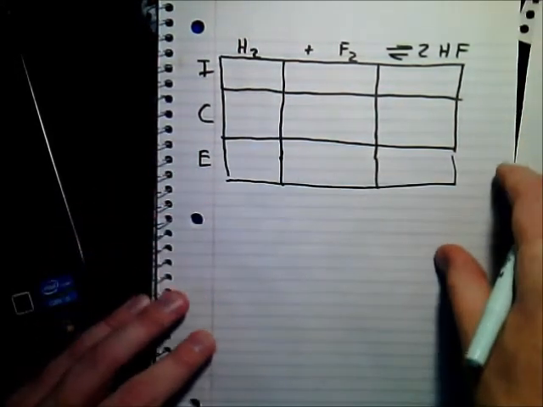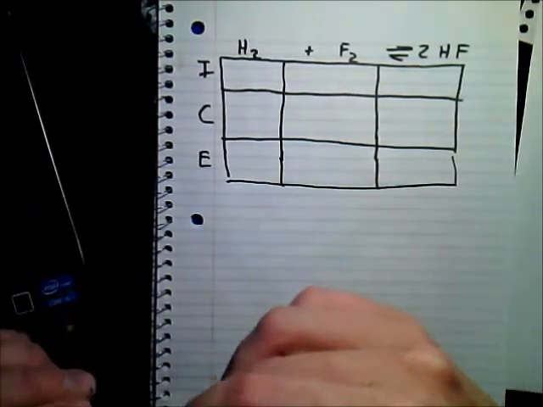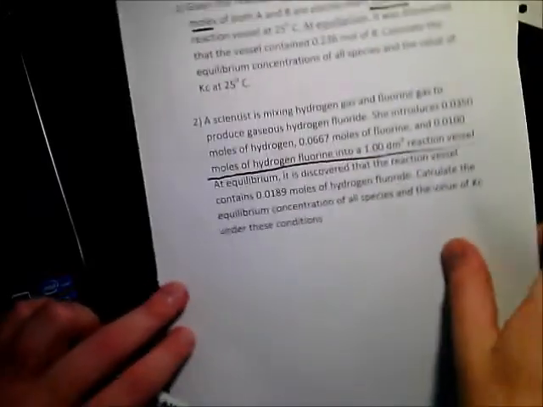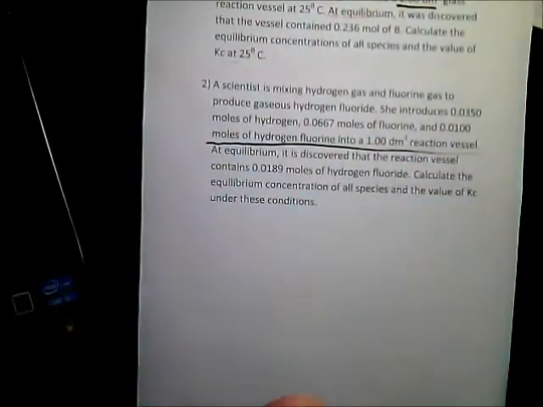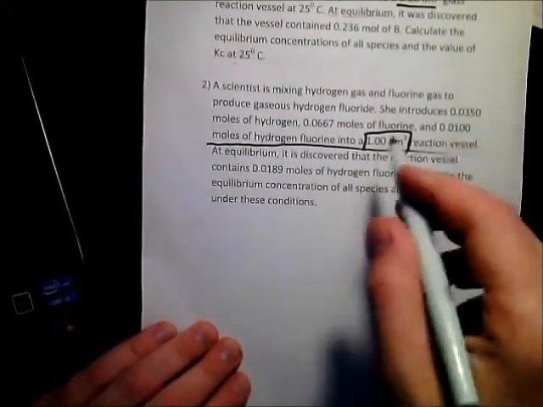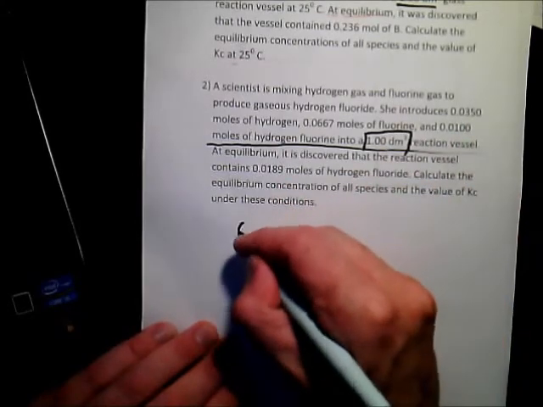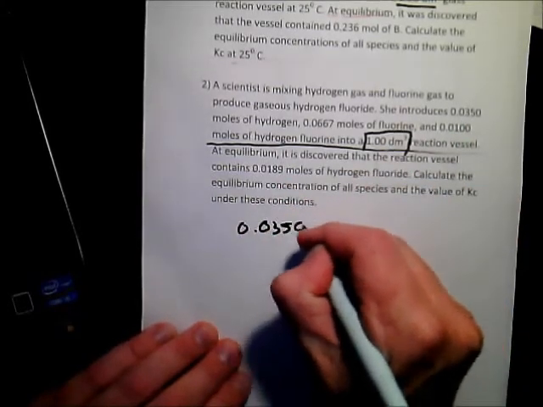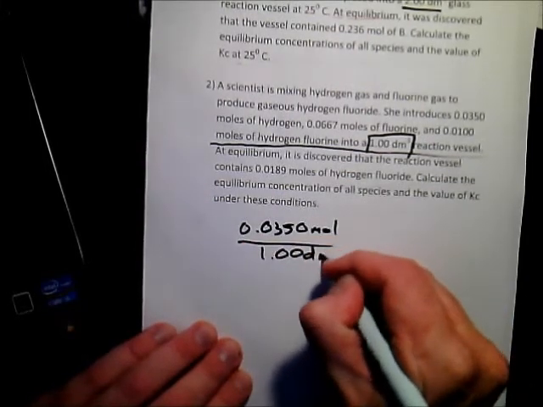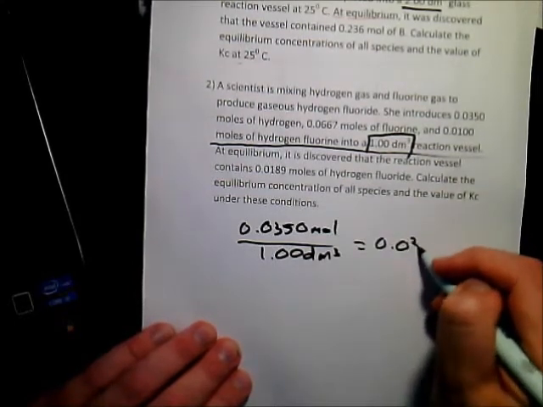And now we've got to start putting stuff that we know into the table here. Remember, we're going to put concentrations only into this table. In this particular problem, they've been nice to us in that the volume of the container is 1. So, for example, when I'm looking at the hydrogen, she introduces 0.0350 moles of hydrogen. It's in a 1 cubic decimeter reaction vessel, so the concentration is going to be the same as the number of moles.